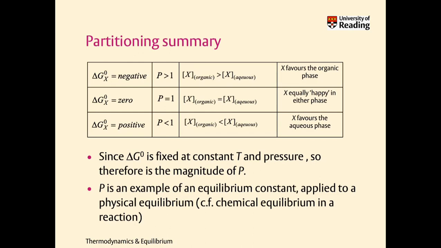We can see that the organic phase is favoured when the partition coefficient is greater than 1, and then delta G for partitioning into the organic phase is negative. If our partition coefficient equals 1, the drug is equally happy in either phase. And if our partition coefficient is less than 1, then the aqueous phase is favoured.